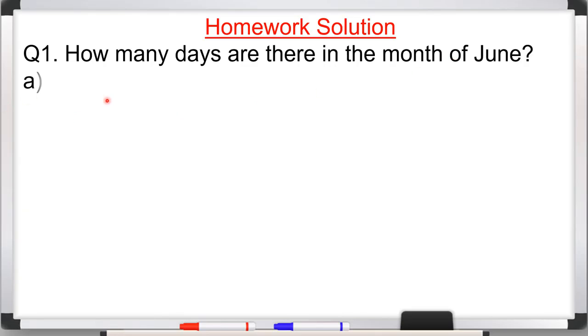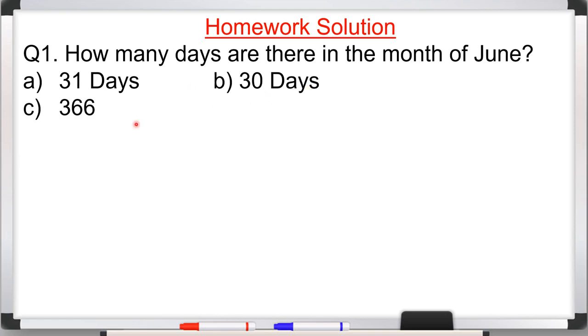And we have 4 options: A 31 days, B 30 days, C 366 days, and D 365 days. So here you can see that options C and D are incorrect, because we have to write the month days.